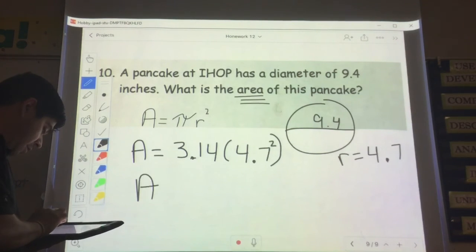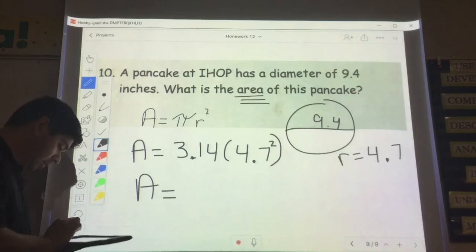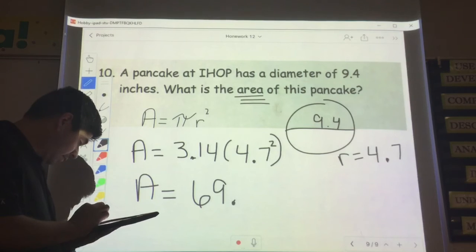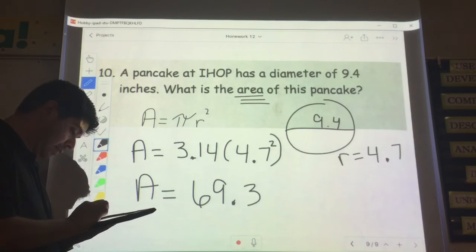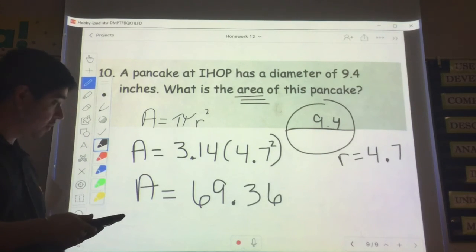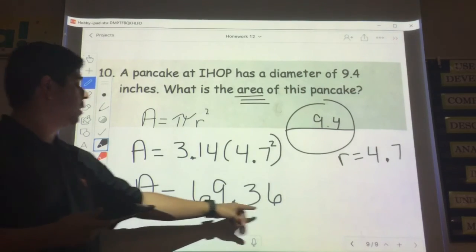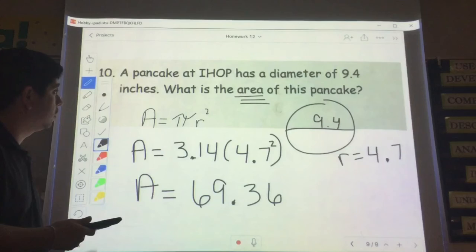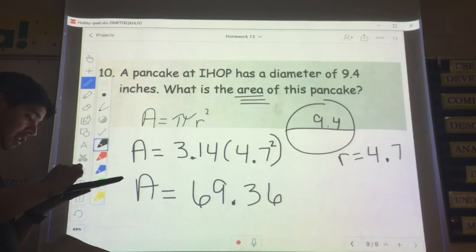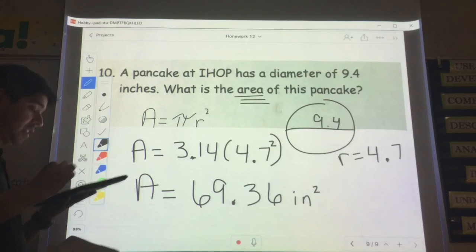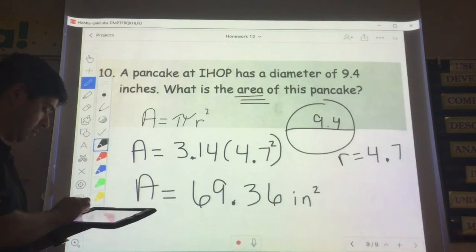We're going to get area equals 69.36, I just rounded it off, and this is in inches. Since it's area, it's inches squared.